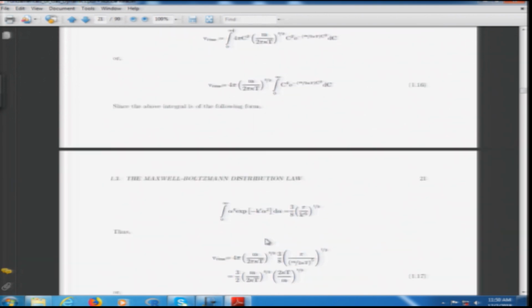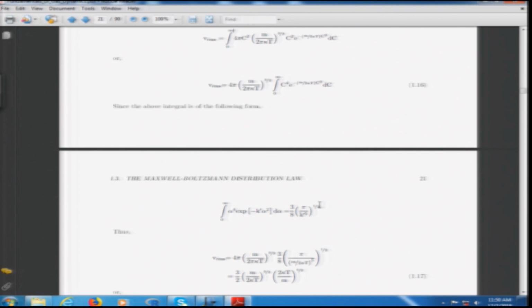A standard definite integral property is that the integral from 0 to infinity of alpha to the power 4, where alpha is the variable of integration, times exponential of minus k dash alpha square, turns out to be 3 by 8 times pi by k dash to the power 5, all to the power 1 by 2.